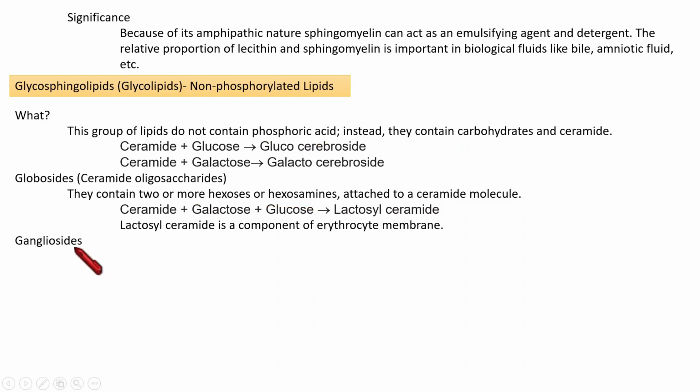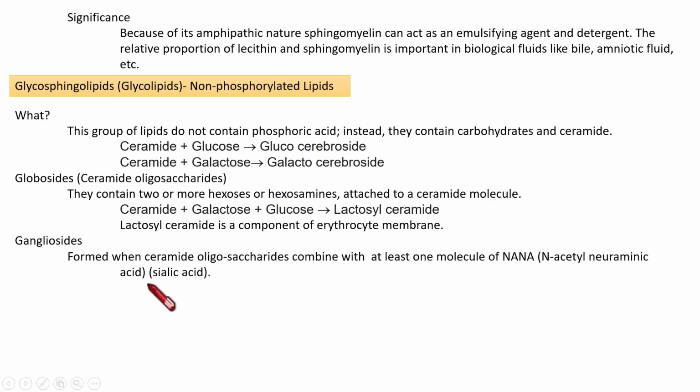Then ganglioside. Ganglioside means what? Ganglioside is formed when ceramide is there, oligosaccharide is there, and it is combined with NANA. NANA means N-acetyl neuraminic acid or sialic acid. So, only one difference.